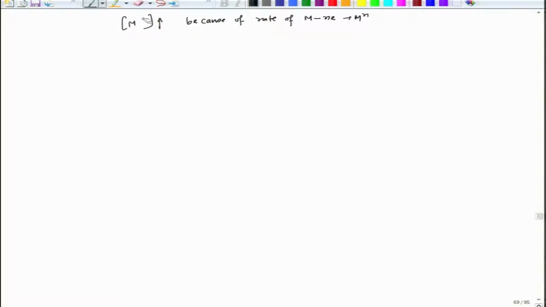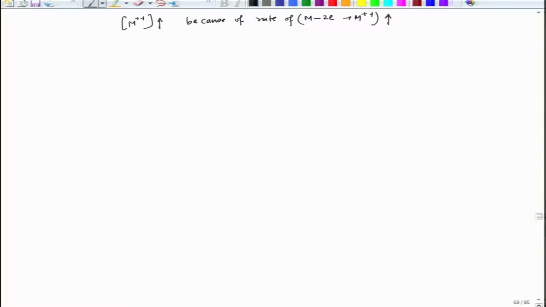Here we are not considering n plus, n we have already assumed to be 2. So, here it is 2e, this should be 2 plus, the rate of this particular reaction increases.